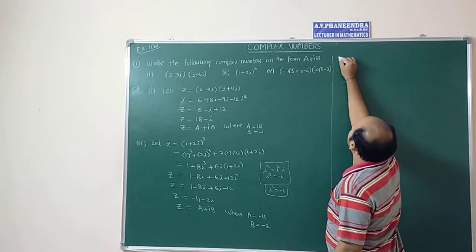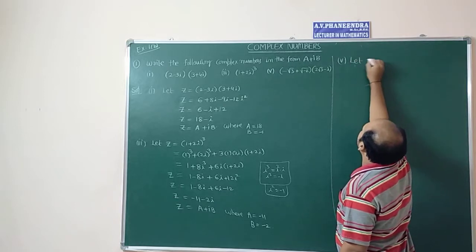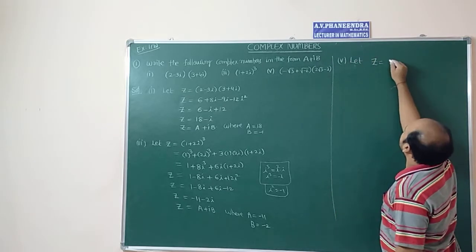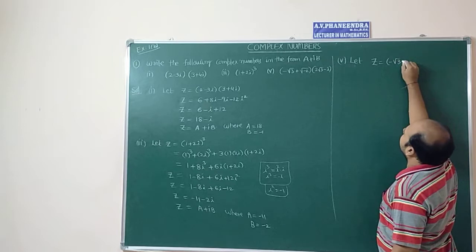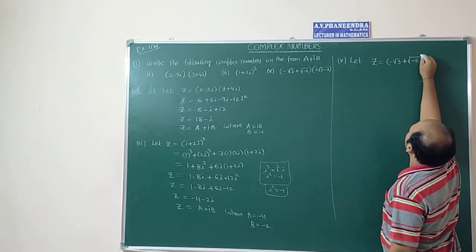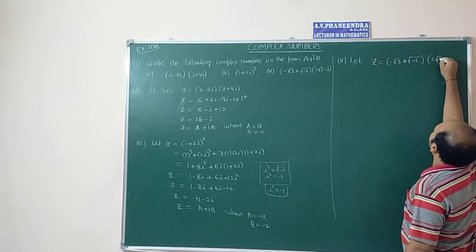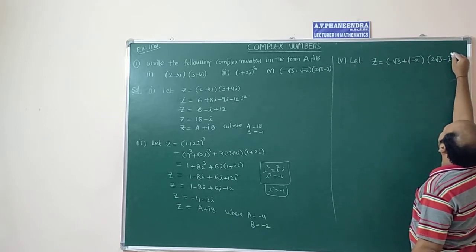Let z is equal to minus root 3 plus root of minus 2 into 2 root 3 minus i.